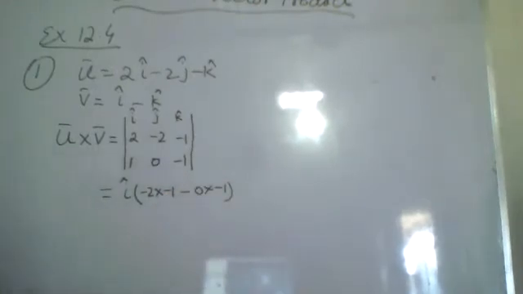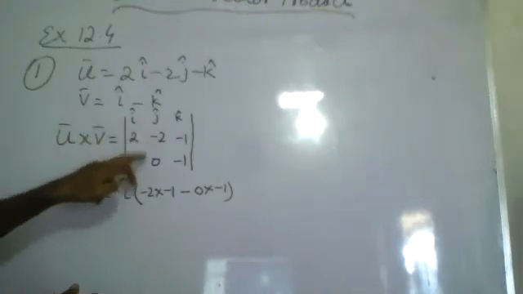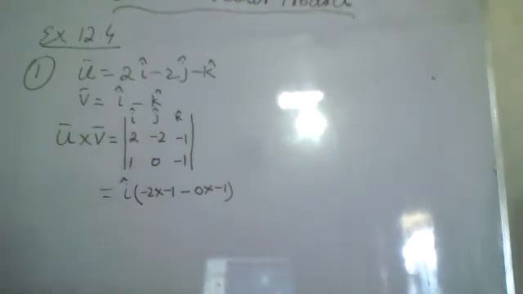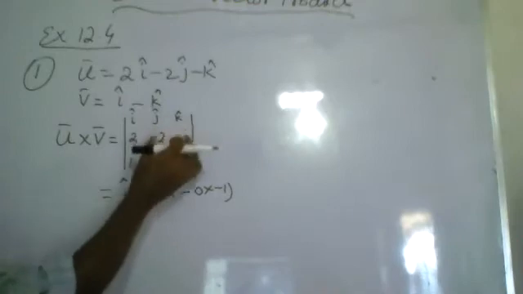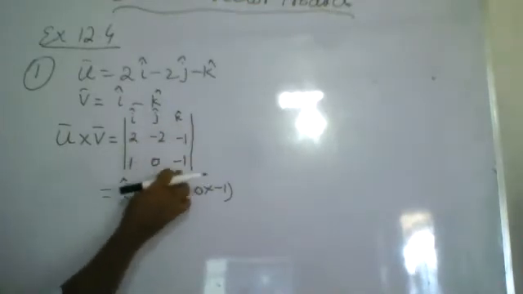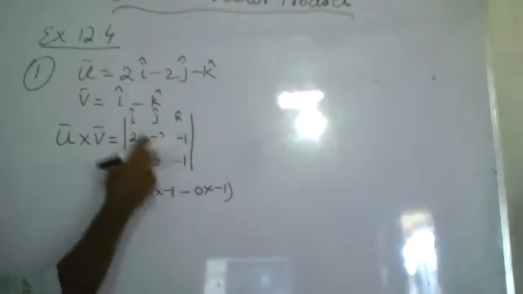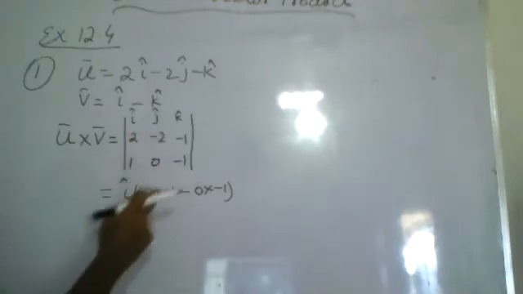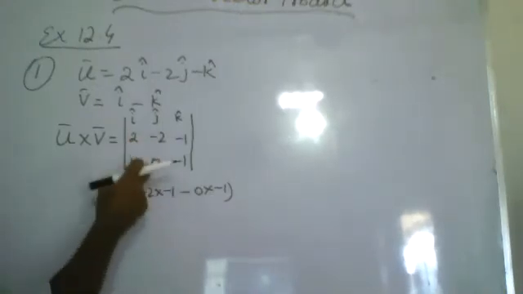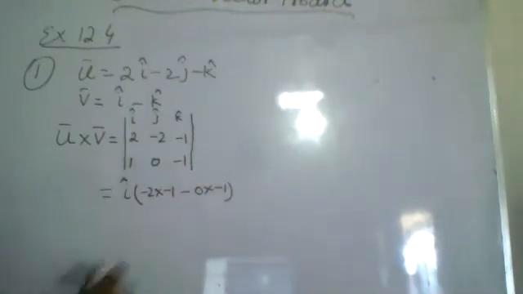We learned how to evaluate the determinant in the algebra and trigonometry course. The primary diagonal is multiplied, minus 2 into minus 1, then minus sign, 0 into minus 1.